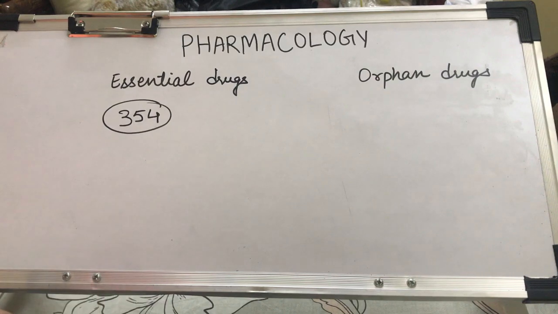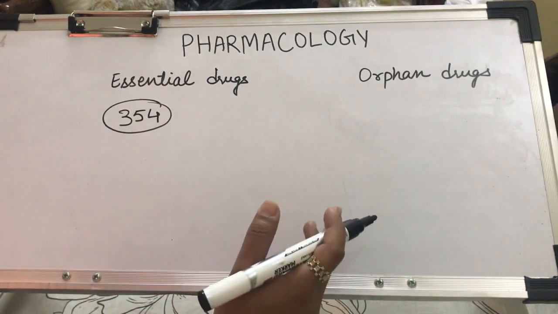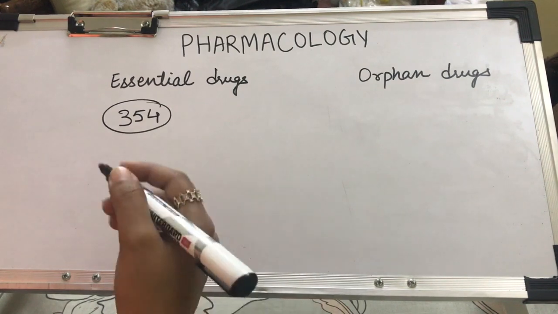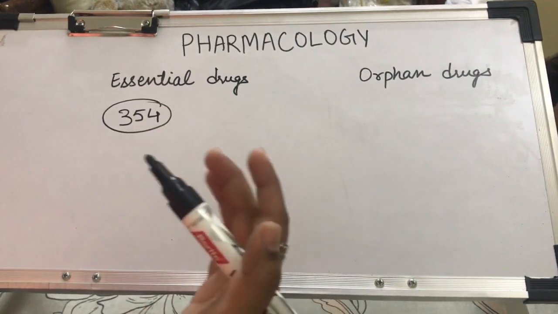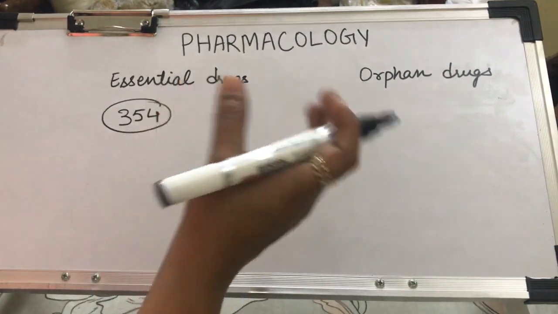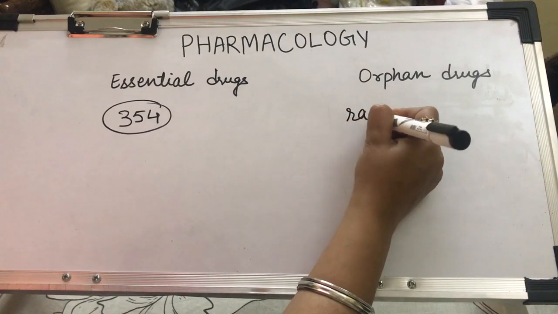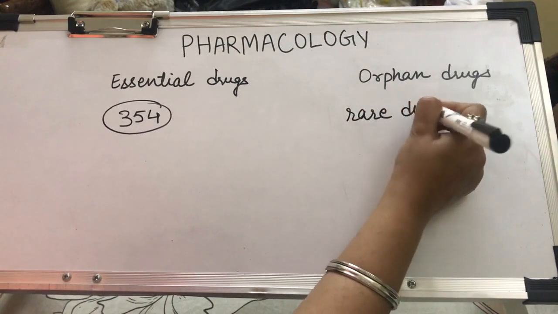Orphan drugs are drugs like any other drugs which are used for the diagnosis, prevention, and treatment of a disease. But in this case, the disease is a very rare disease.